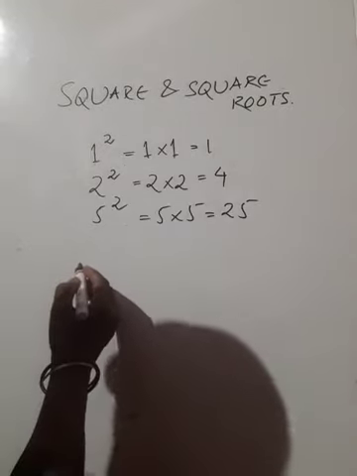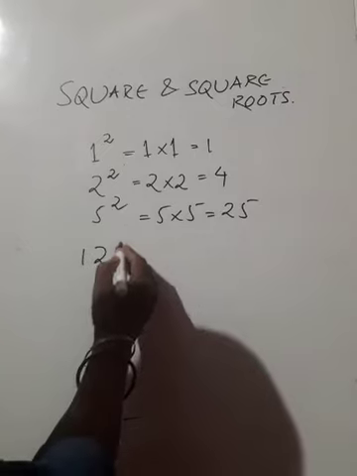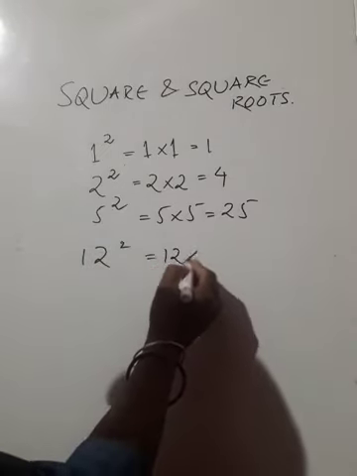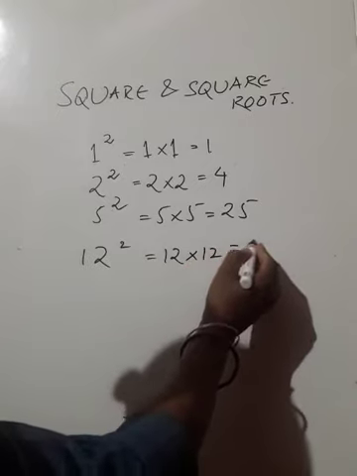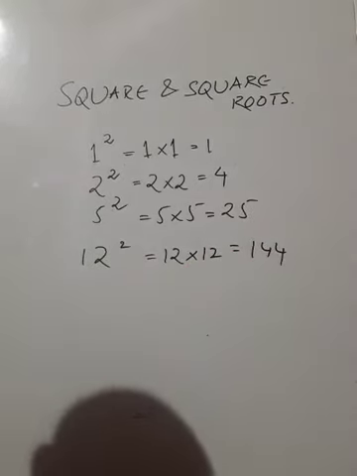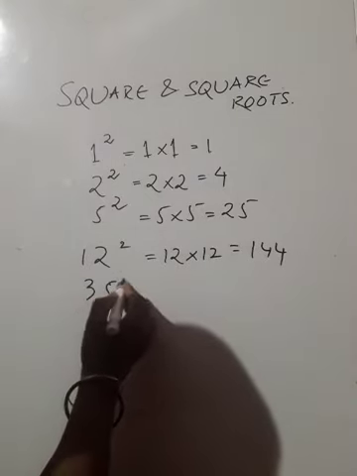Let me take a bigger number, 12. 12 square, that means 12 into 12. It becomes 144. Suppose I want to find out another number, 35 square.